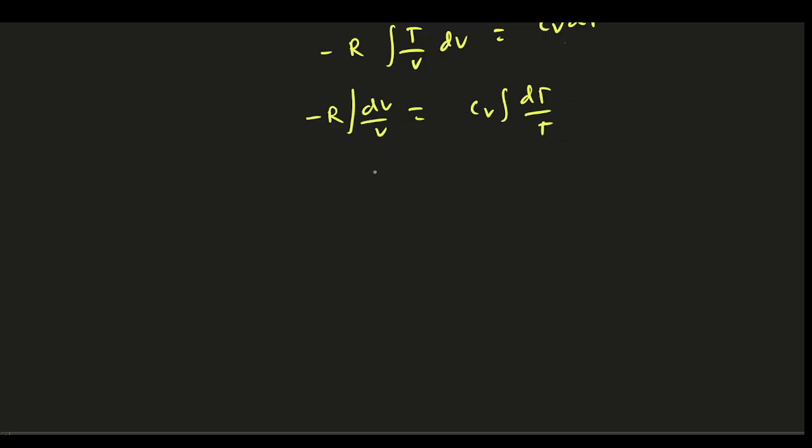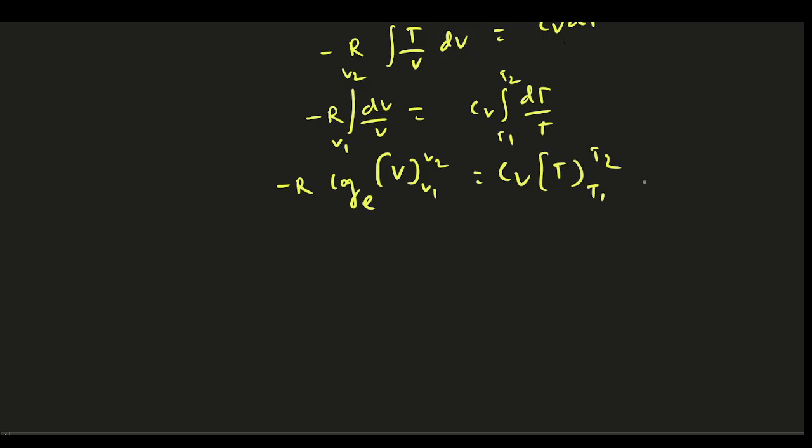If I do the integration, then dV by V is log e V, so minus R log e V, and suppose this is from V1 to V2. Similarly Cv, and this is T1 to T2, so Cv log e T from T1 to T2.